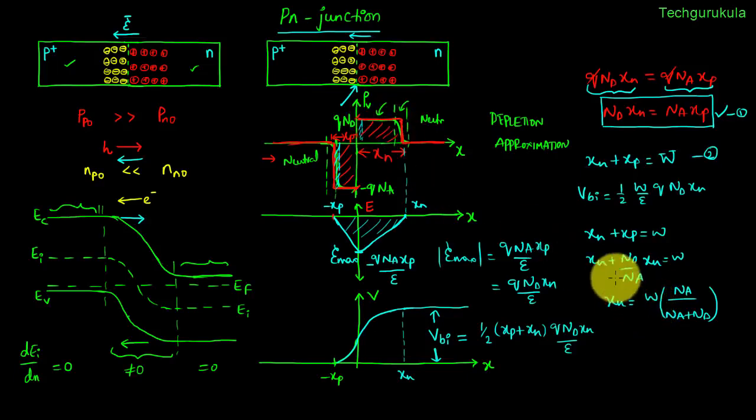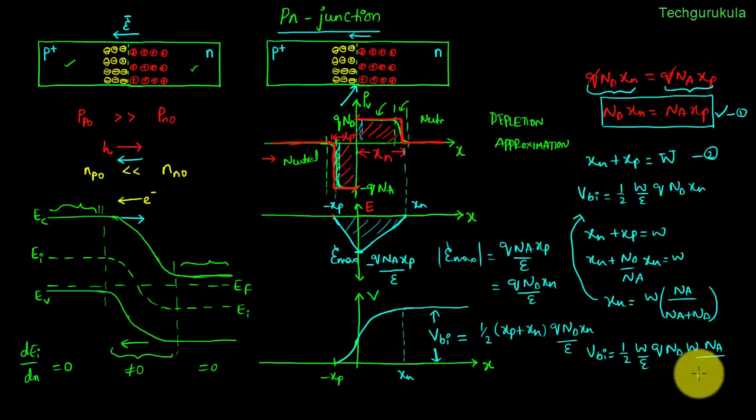Anyways, let's come back to the derivation we were doing. Let me substitute this xn into this equation, where VBI can be written as half W over epsilon Q Nd times W times Na over Na plus Nd. And we can rewrite this expression to actually find W. Here we have W square.